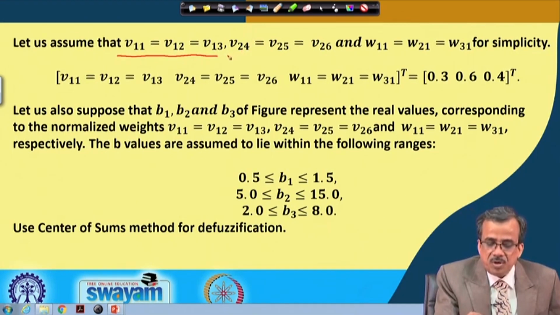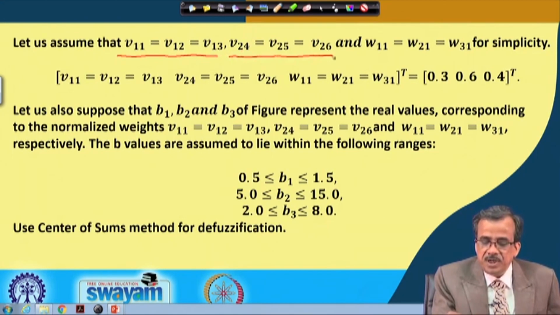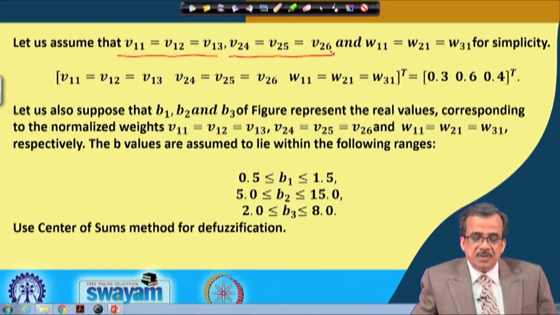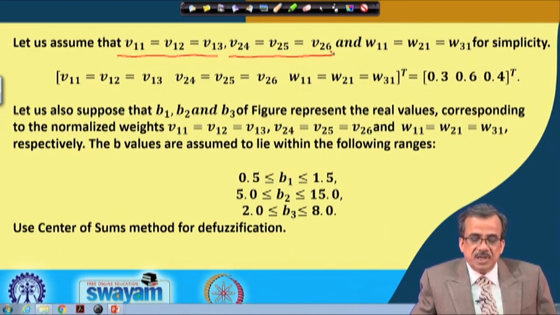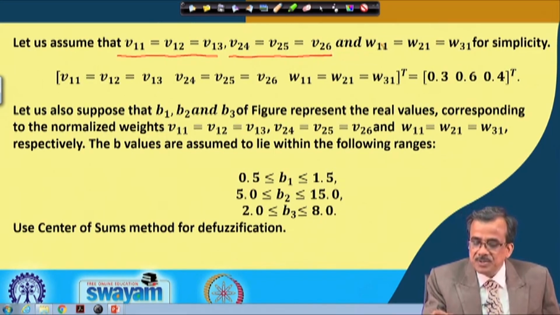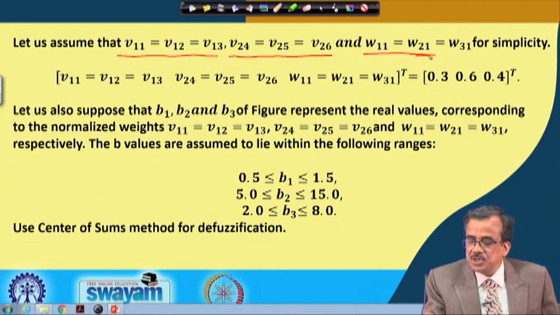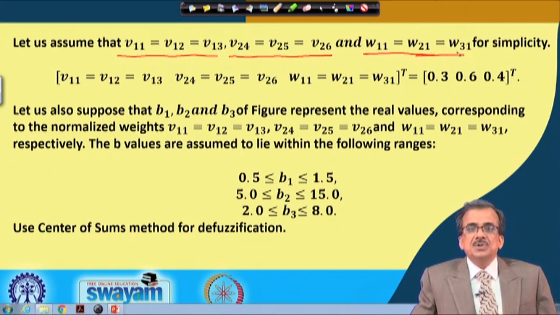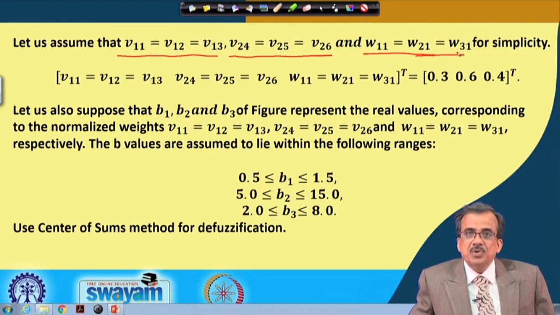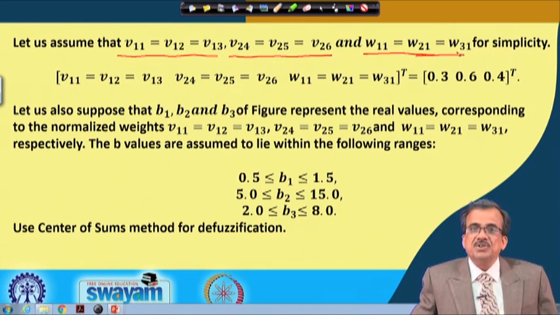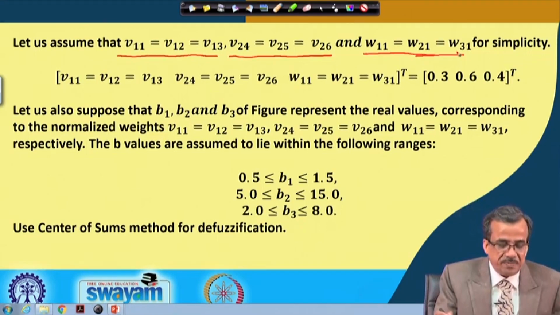Then V24, V25 and V26 are going to represent the symmetrical membership function distribution for I2. Then W11 equals W21 equals W31 are used to represent the triangular membership function distribution for the output, and we consider the symmetrical membership function distribution.